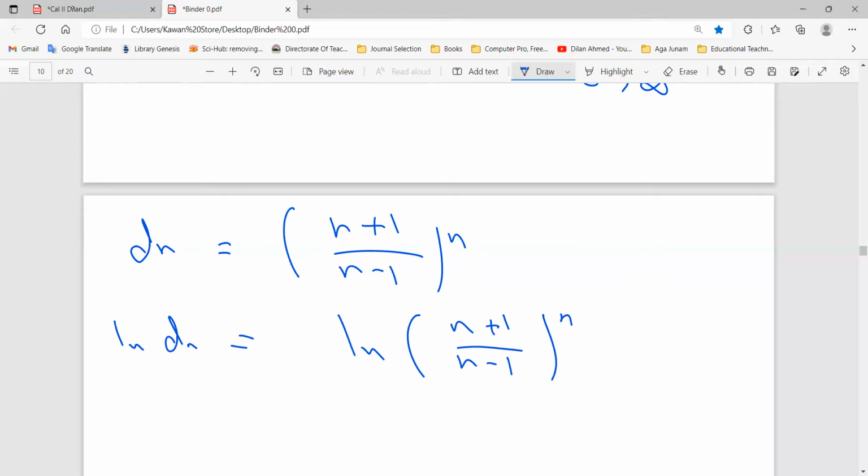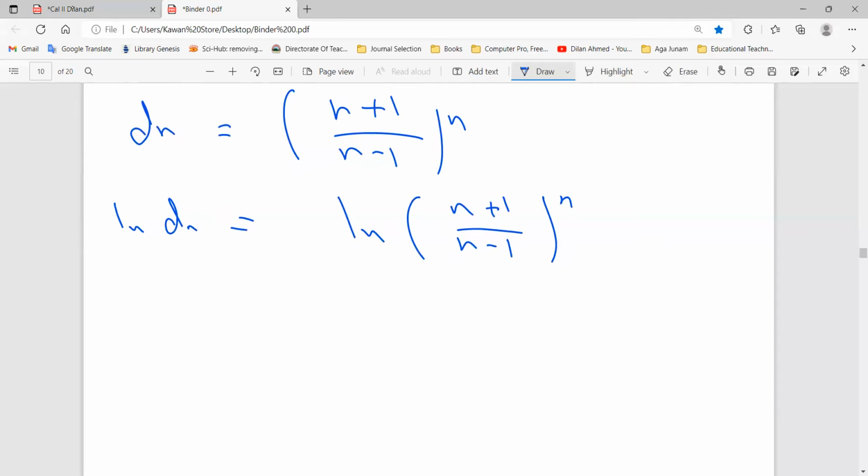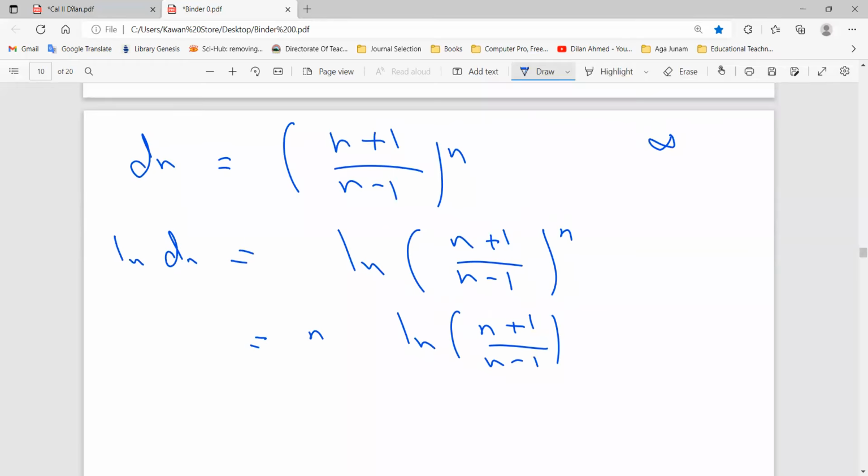Because we have a power indeterminate. So that will be n ln ((n plus 1) over (n minus 1)), right? And now I'm going to take the limit, or substitute the limit. I'll get what? Here it was infinity.